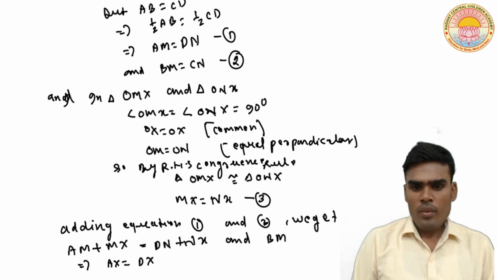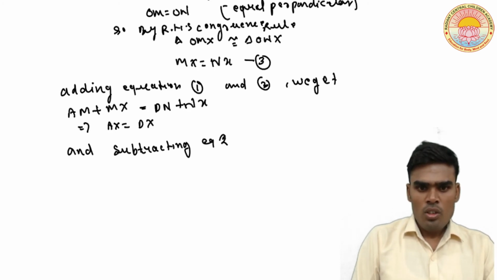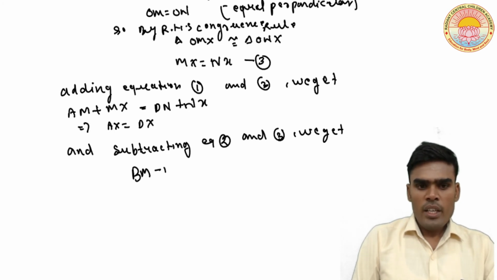And subtracting equation 3 from equation 2, we get BM minus MX is equal to CN minus NX.